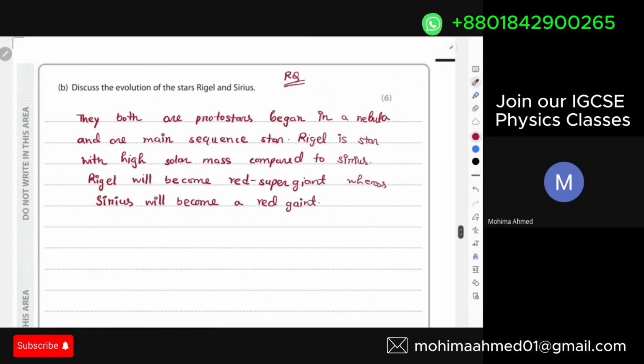And writing all these things is enough over here. Okay, now this is a repetitive question, so that means you can memorize this answer also to write the definitions for the evolutions of your star Regals and star Sirius.